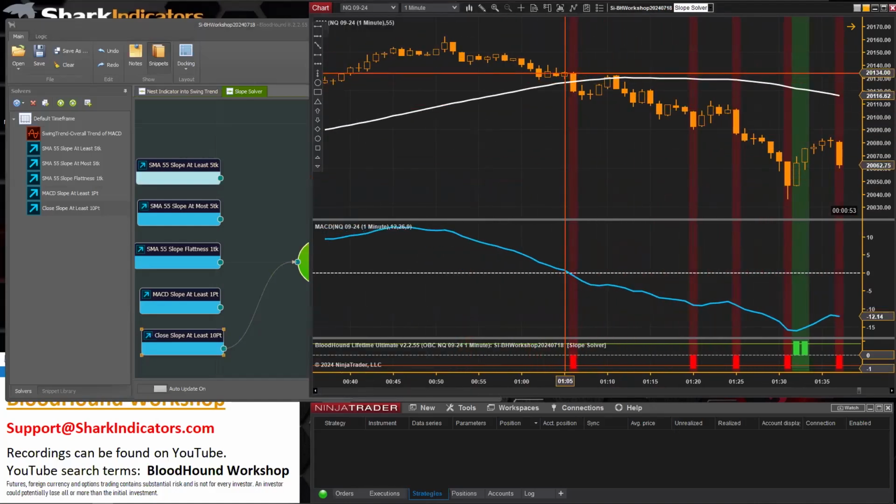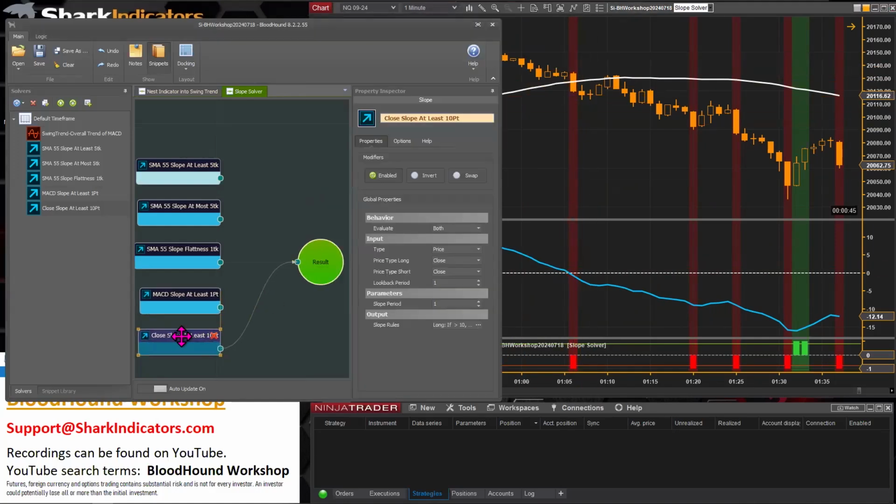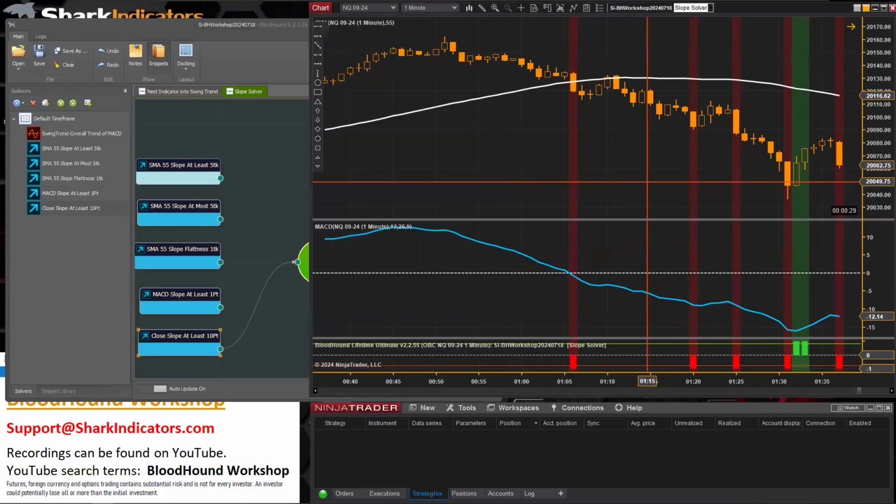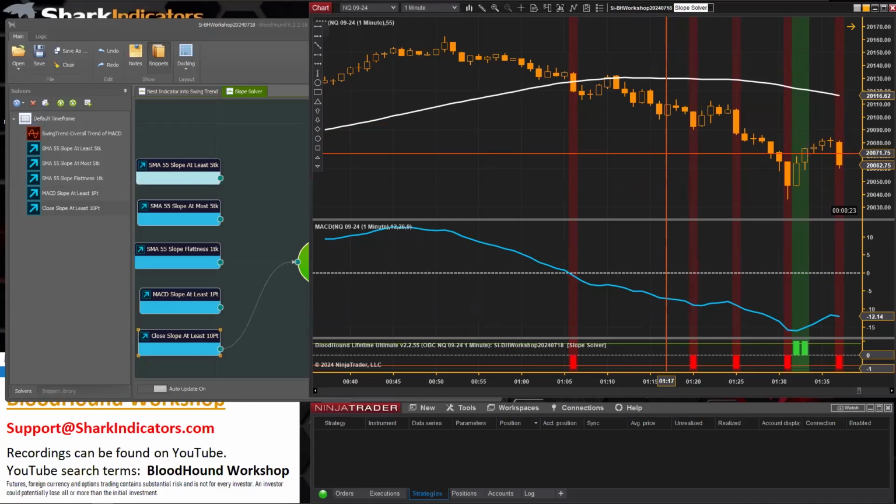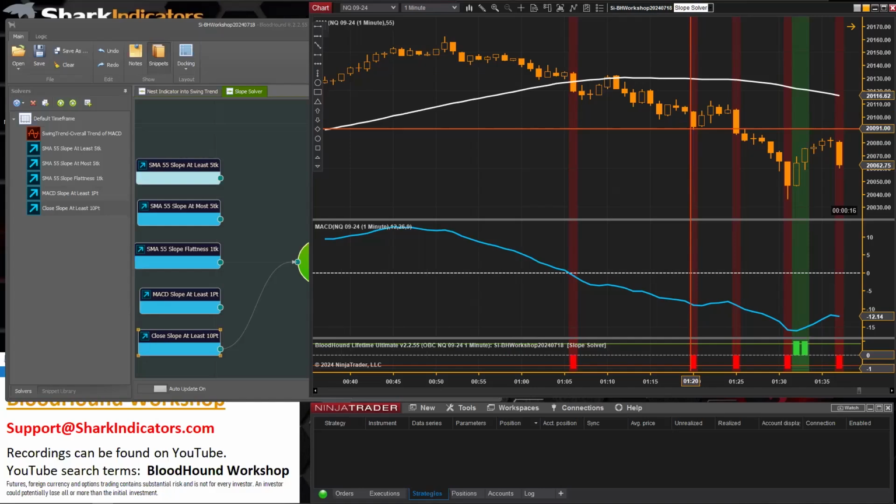So when the closing price rises 10 points or drops 10 points, right? That's what the slope solver is now identifying. So on a bar by bar basis, it's identifying whenever that closing price moves 10 points or more. So if you're looking for a minimum movement of the closing price, or any other price, like from low price to low price, you can check for those minimum movements.